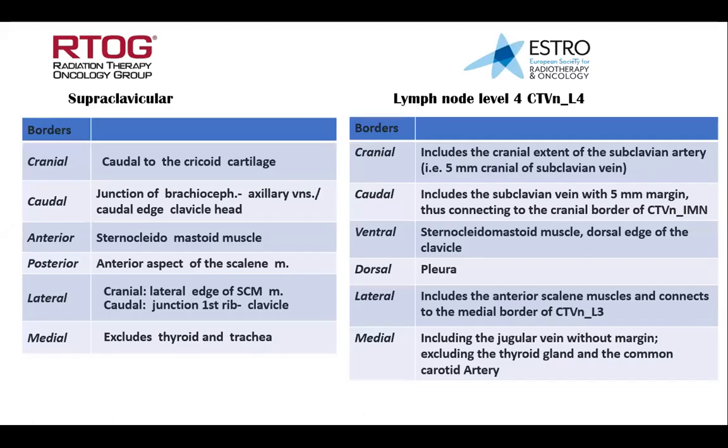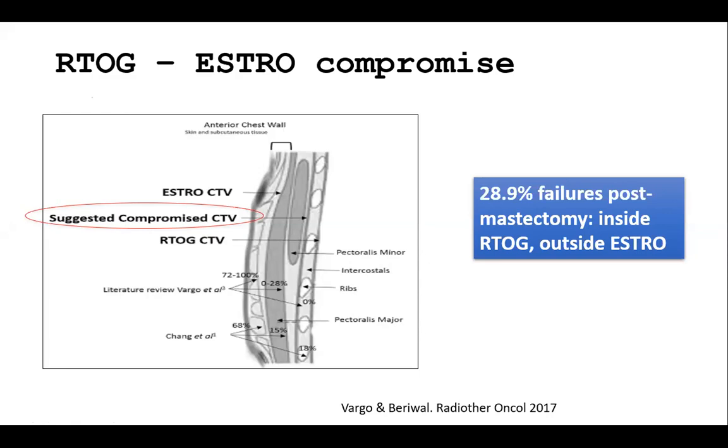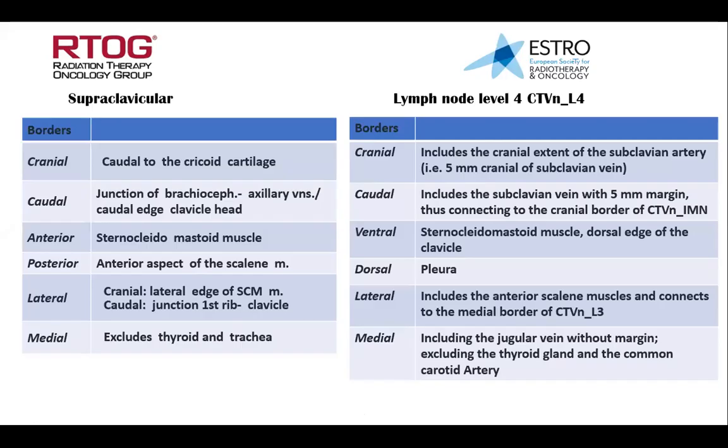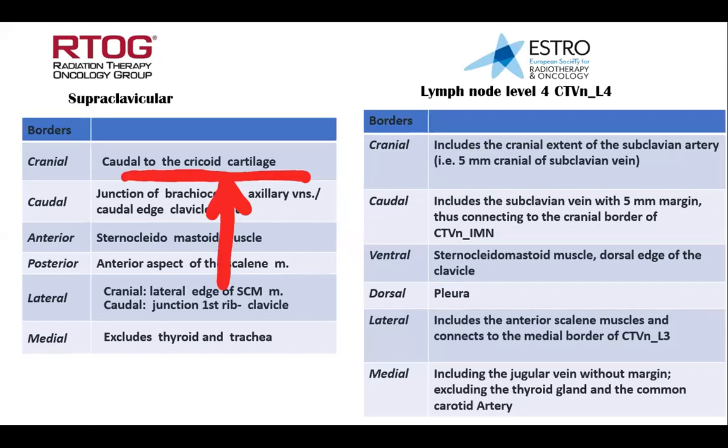Moving ahead with our nodal stations, first we will deal with the supraclavicular lymph nodes. Again, there is a nomenclature difference between RTOG and ESTRO. ESTRO uses the terminology lymph node level 4 for the supraclavicular. We will discuss this supraclavicular lymph node station in detail.